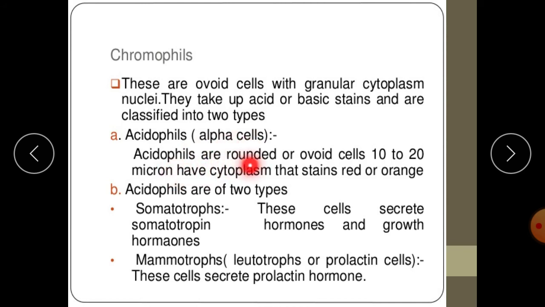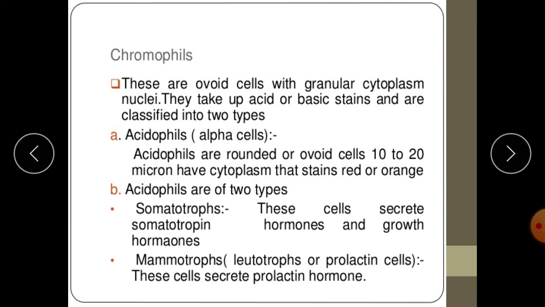They are rounded or ovoid cells, 10 to 20 microns in diameter, with cytoplasm that stains red or orange. They take acid stain. Acidophils are of two types, somatotrophs and mammotrophs. Somatotrophs secrete growth hormone.